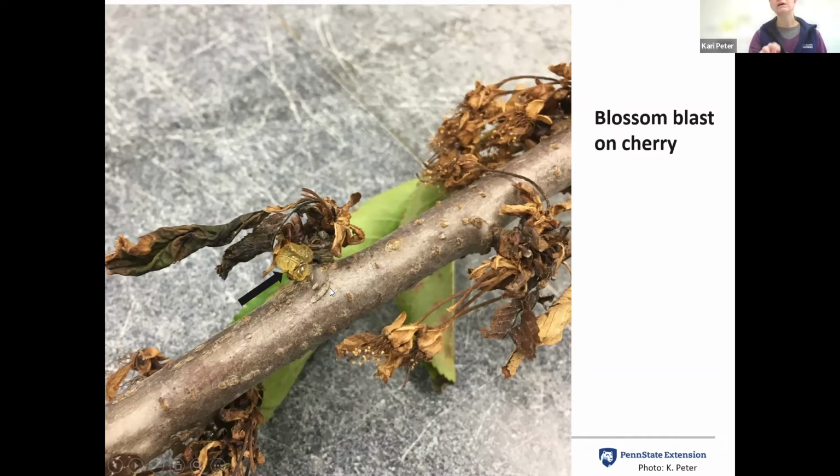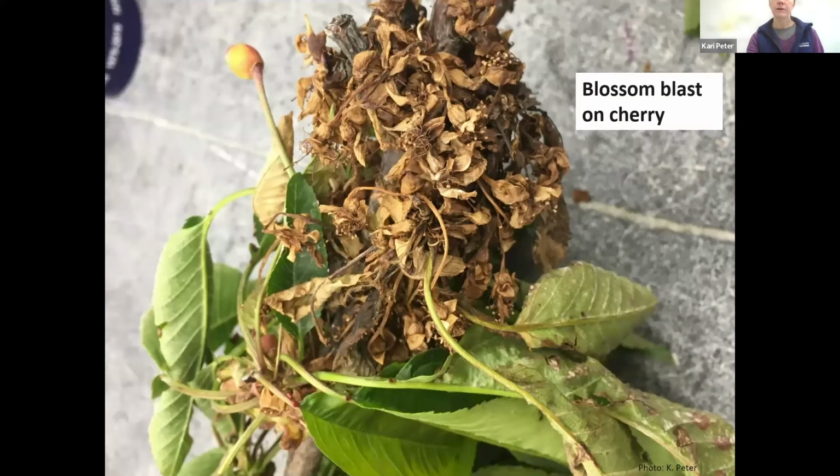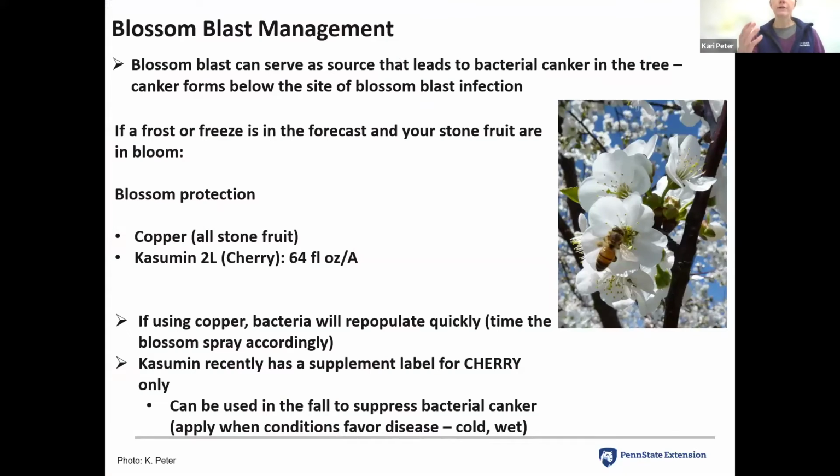In this case, the tree was going to recover because it didn't penetrate into the wood, and it was just going to look unsightly that year. So they were not going to have any cherries in this one orchard, but when it's a severe infection and it moves into the wood and it can turn into bacterial canker, then that's when we have to really worry. Again, another example.